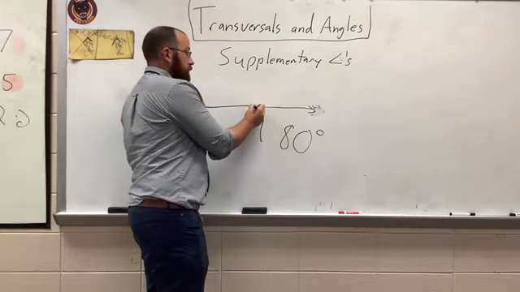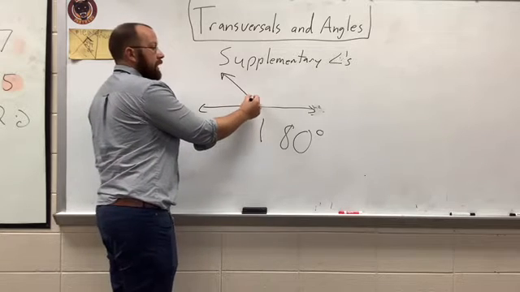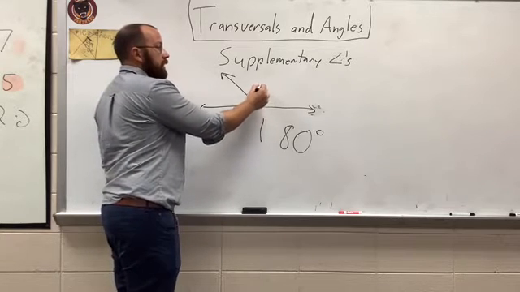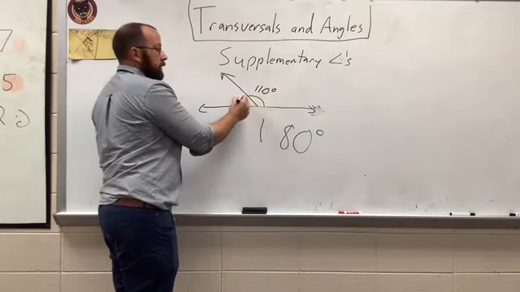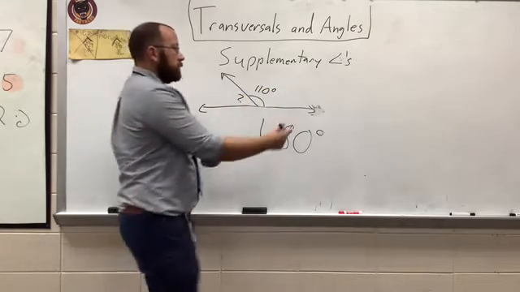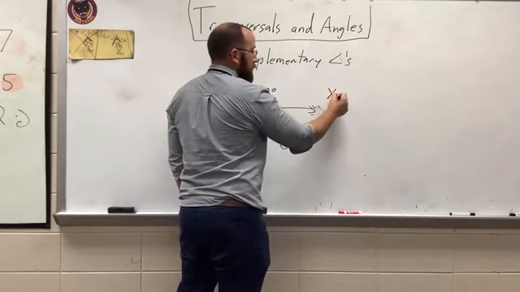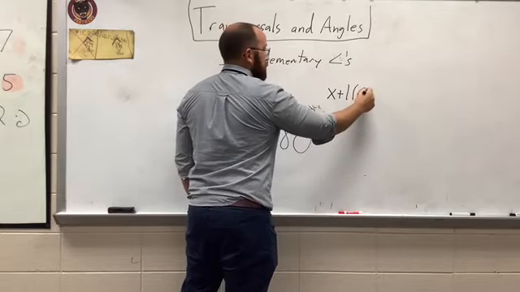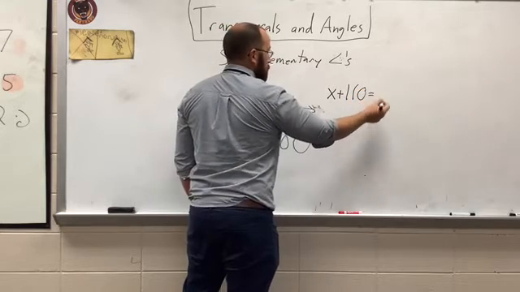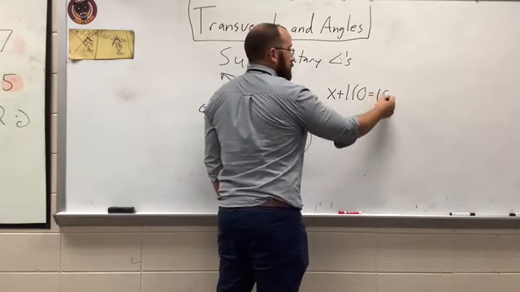So I'll cut it right here. I'll say this angle right here is 110 degrees. What is that angle right there? So we write out an equation. Let's call this x. So x plus 110 always has to equal what? 180 if it's a straight line.